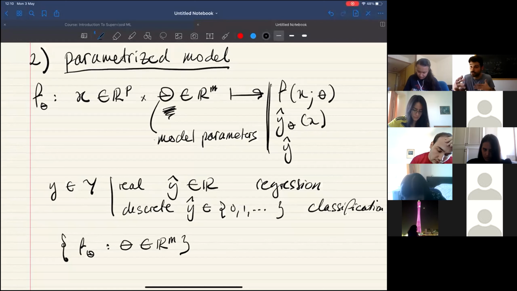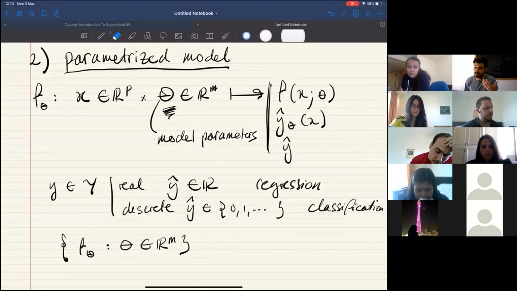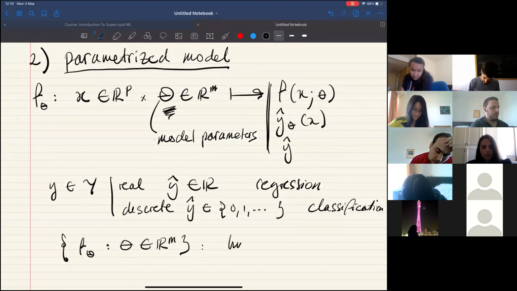For each value of this vector of parameters, you have a new function. Each time you change theta, you get a new function. So this defines an infinite set of functions if the parameters are continuous. And I will call this infinite set of functions our hypothesis class.